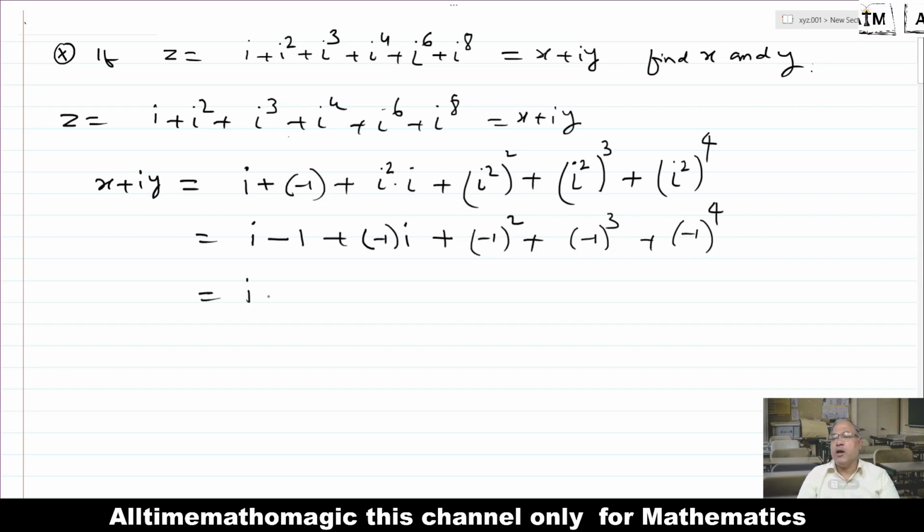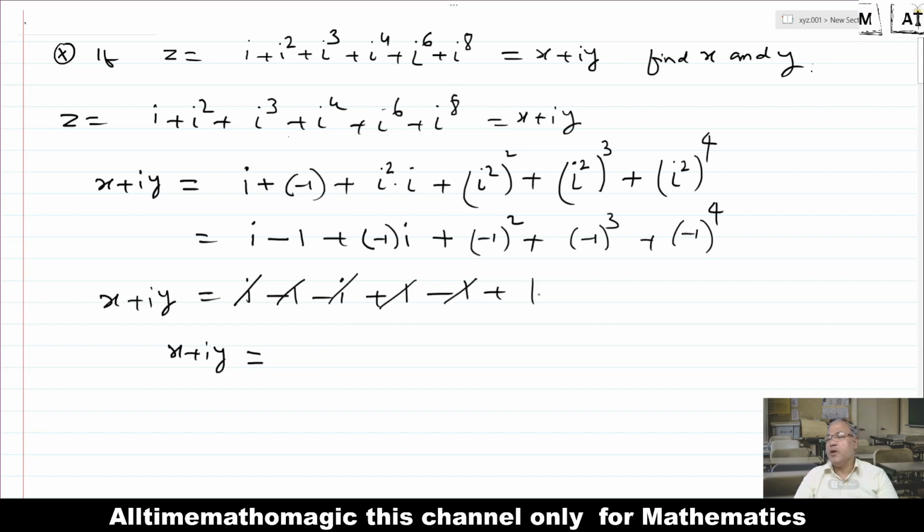That is equals to i minus 1 minus i plus 1 minus 1 plus 1 equals x plus iy. So x plus iy equals to this: i and minus i get cancelled, minus 1 plus 1 get cancelled, minus 1 plus 1 get cancelled, so 0 plus 0i.